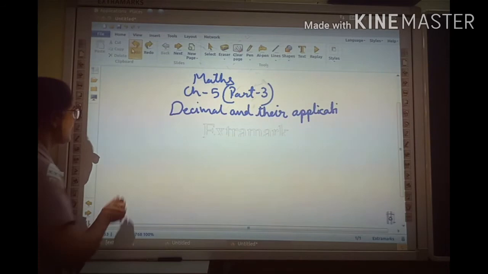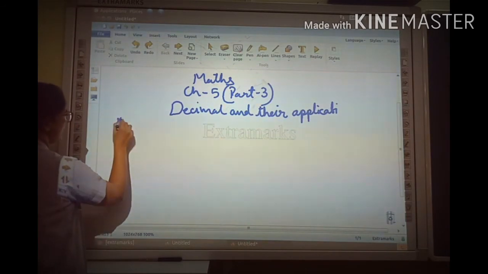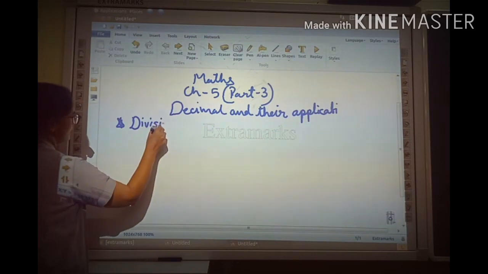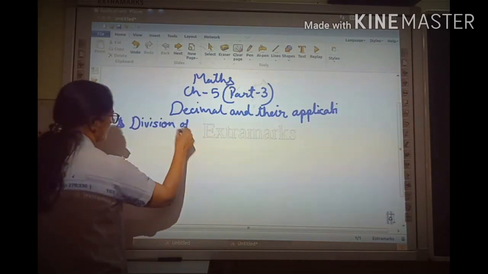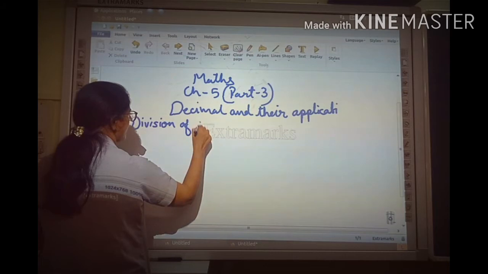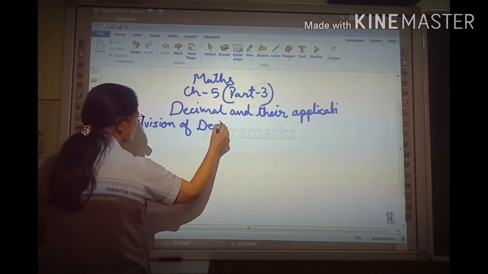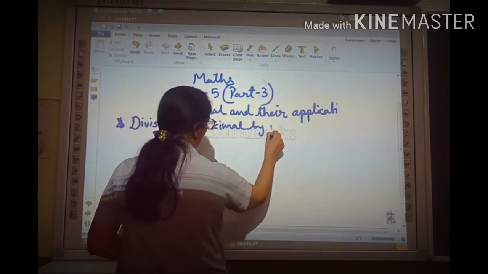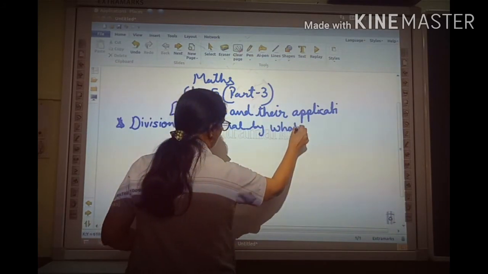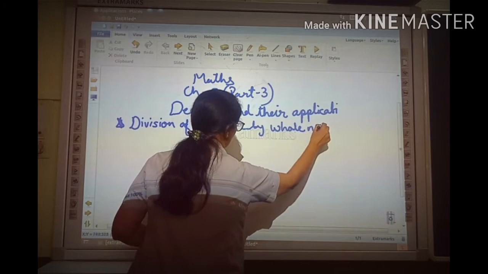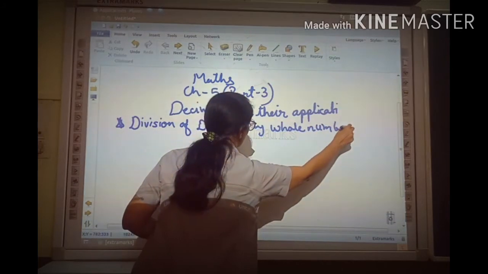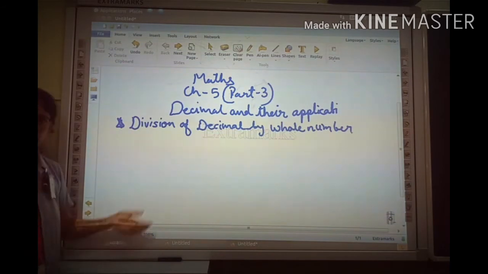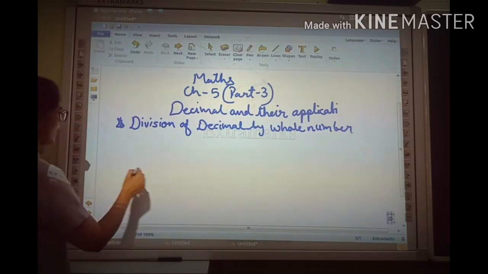So first of all I will explain division of a decimal number by a whole number, right? The simple division as we are doing in the whole number, the same way we have to divide here.